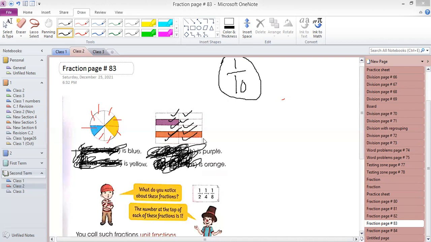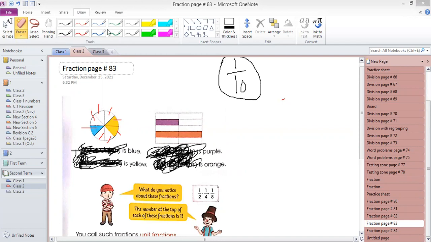Okay, Azam Soleh, yes, sir. Can you read the fraction of this purple? How much is purple in this figure? It's 1/10. That's very good. Absolutely right, guys. The answer will be 1/10.